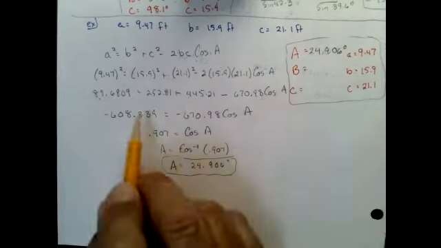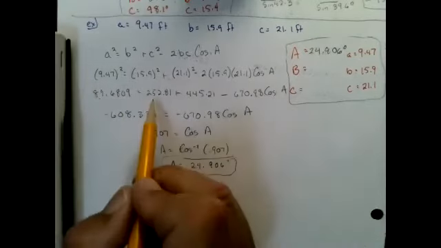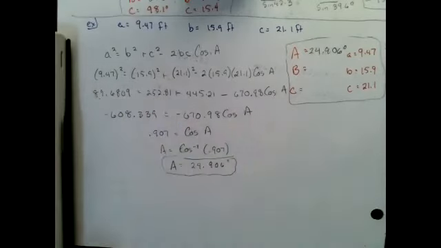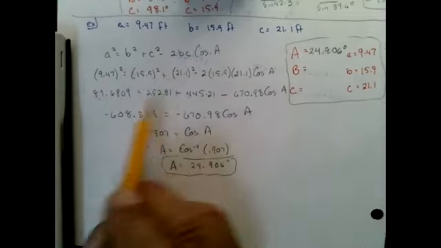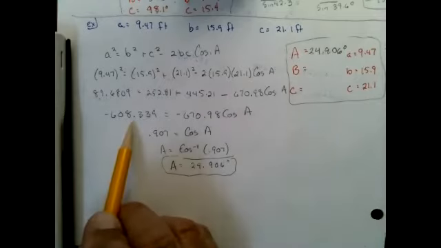Okay, so now I'm going to subtract this. 89.6809 minus the 252.81. Then I'm going to also subtract 445.21. And when I do that, I get this -608.309.